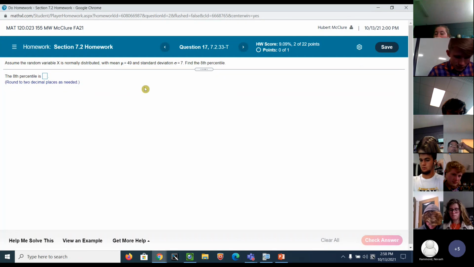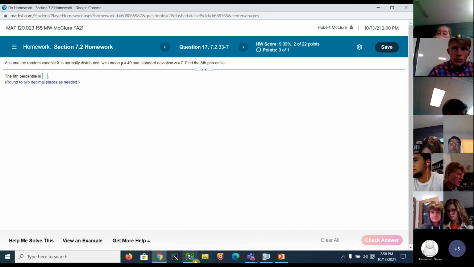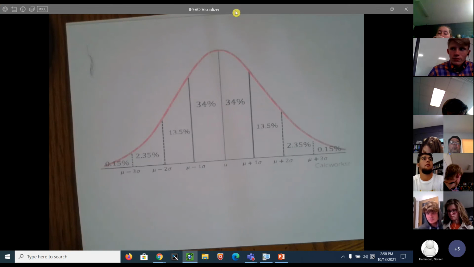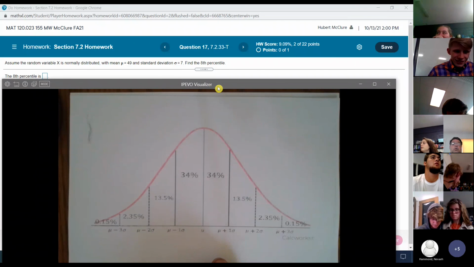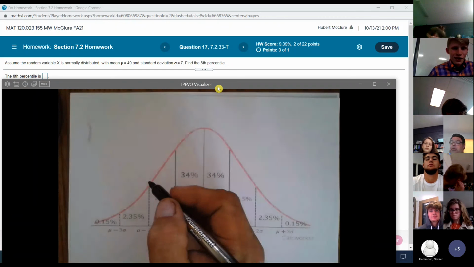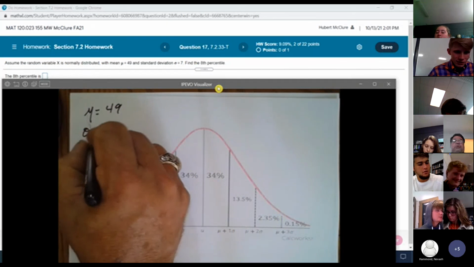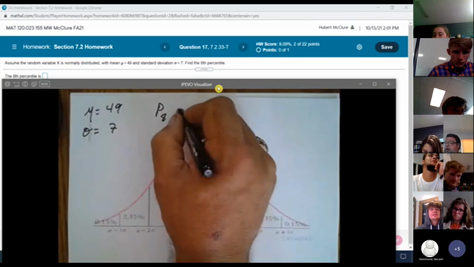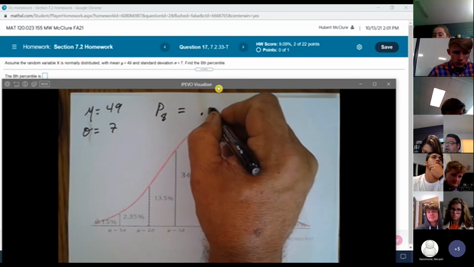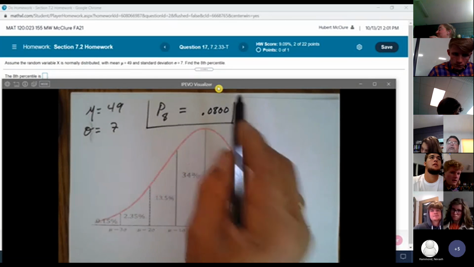All right, so got to draw a picture on this one. I'll write it on here so you can see it. It says mean is equal to 49, and the standard deviation is equal to 7. Find the 8th percentile, meaning 0.0800. That's the way you write a percentile right there.